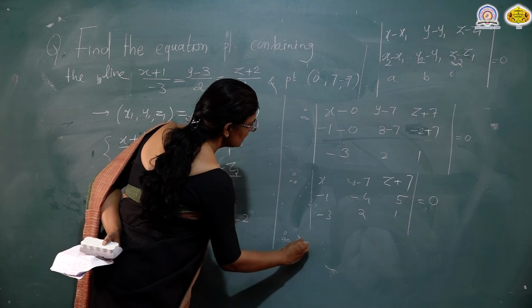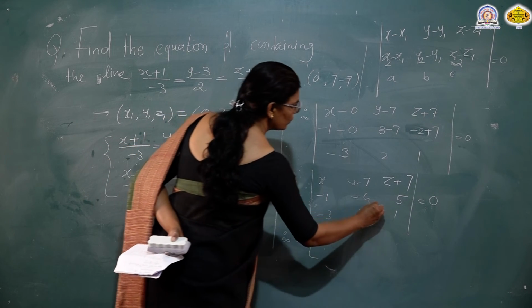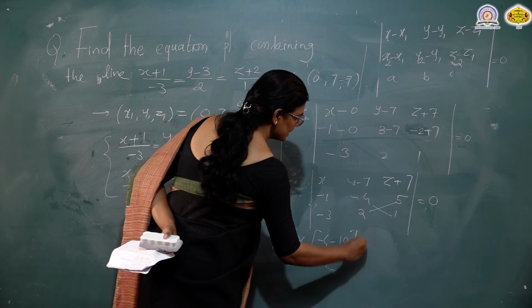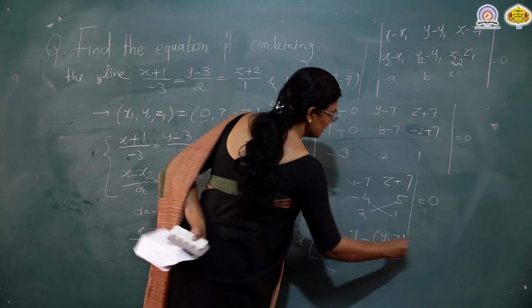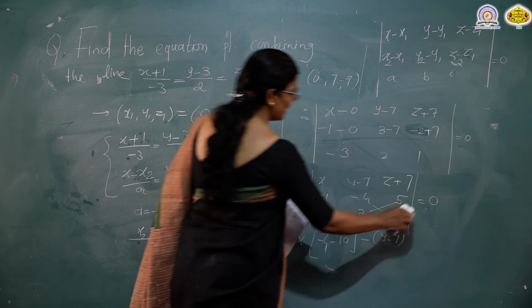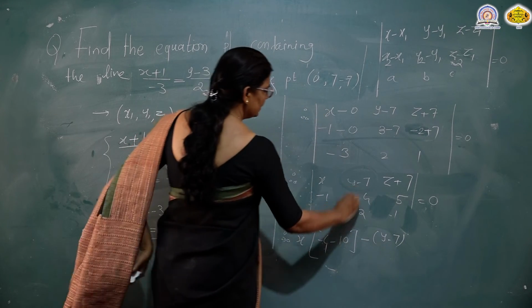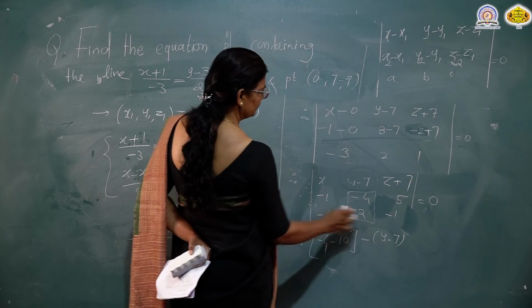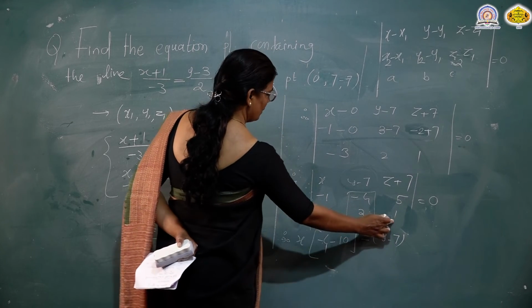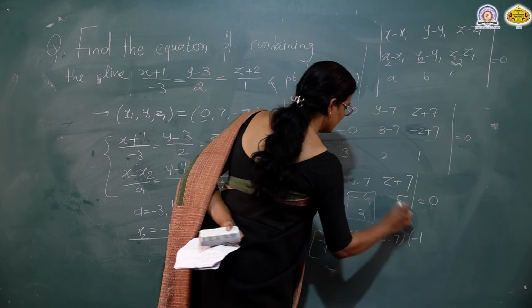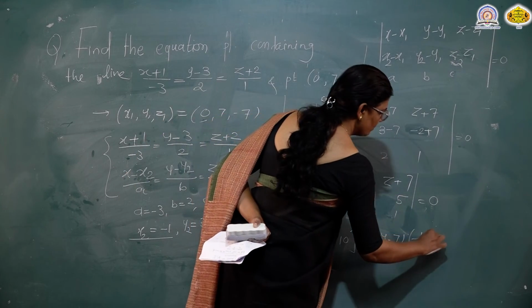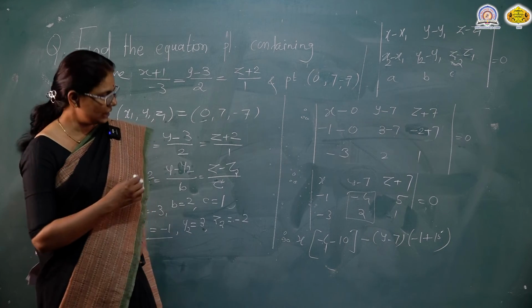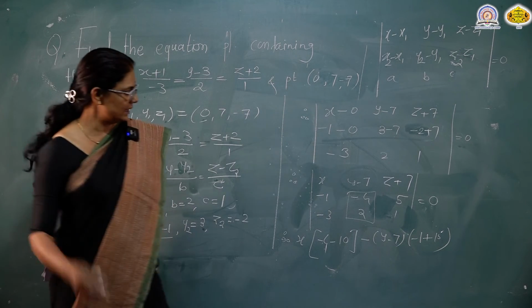This is the same as x times the product of these two, which is minus 4, minus the product of these two, which is 10, minus, taking this number as it is, (y minus 7) times, deleting the middle elements, the product of these two is minus 1 and the product of these two is minus 15, so plus 15. I just solved the 3 by 3 determinant. You can easily do this, and simplifying we will get the answer.